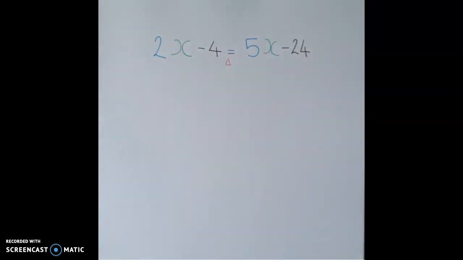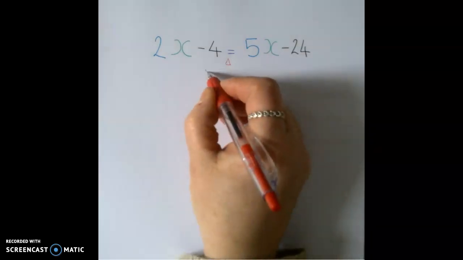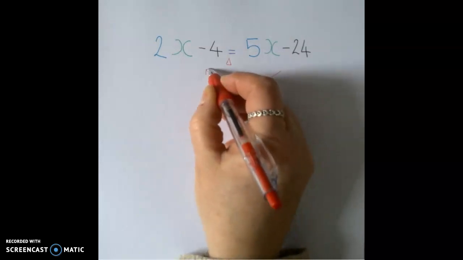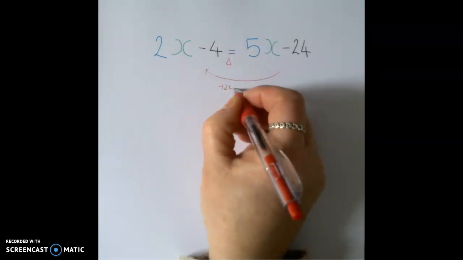To move it, I have to do the inverse, or the opposite. So what is the opposite of minusing or taking away? Well, it's adding. So to move this over to this side, I need to add 24.